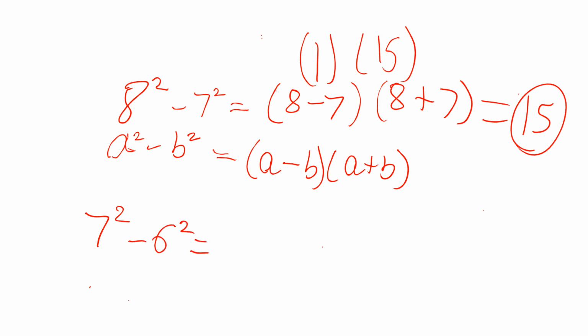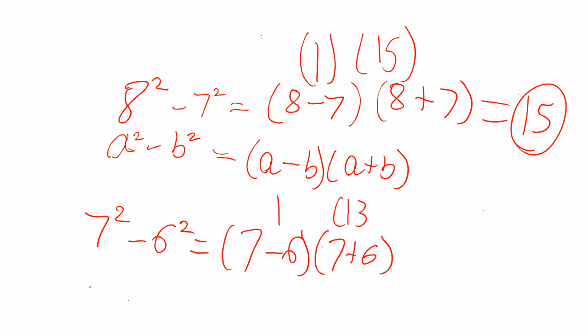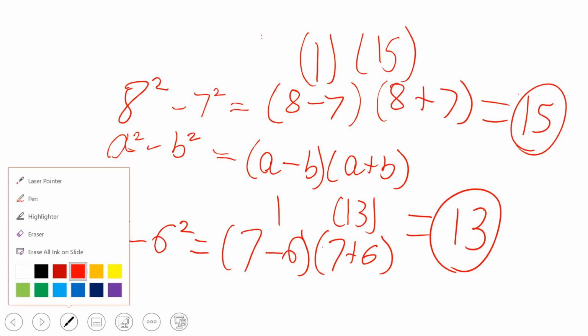Again, a and b, plug our values in. 7 minus 6 is 1, 7 plus 6 is 13. Answer, 13. So that's how we can use our difference of squares factorization.